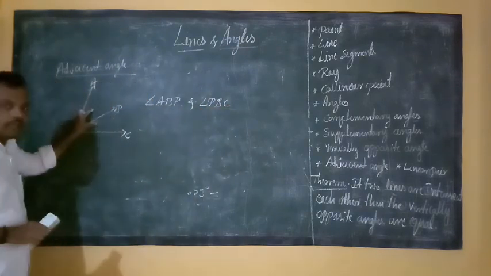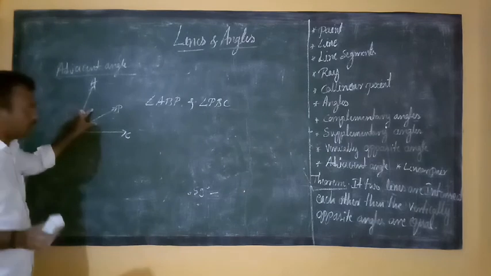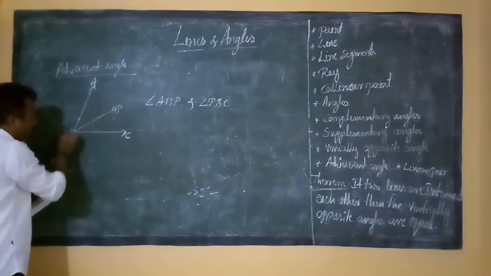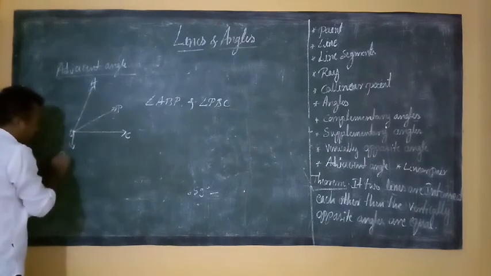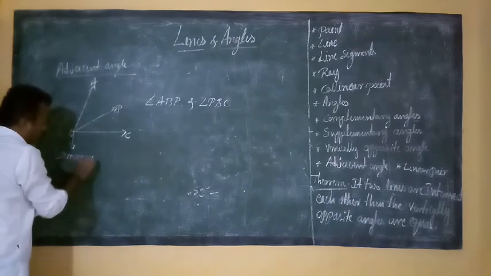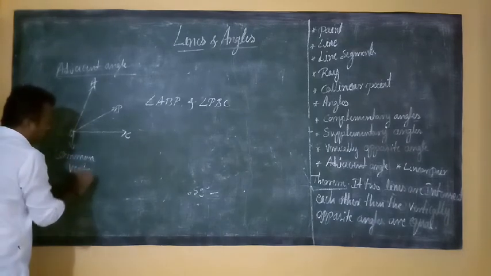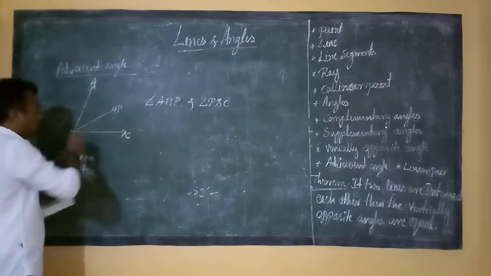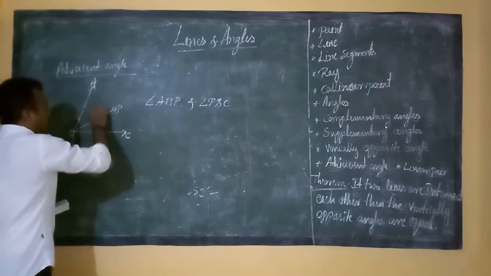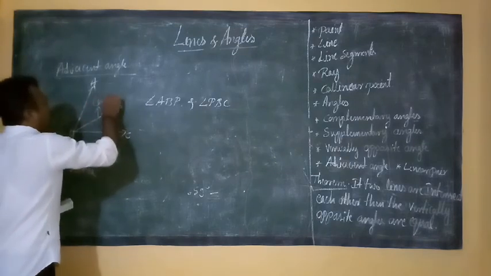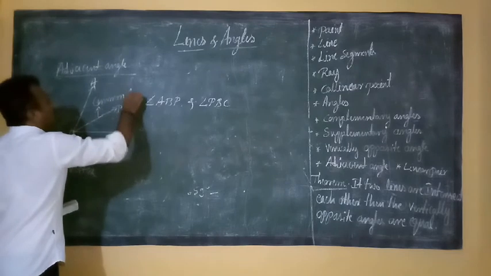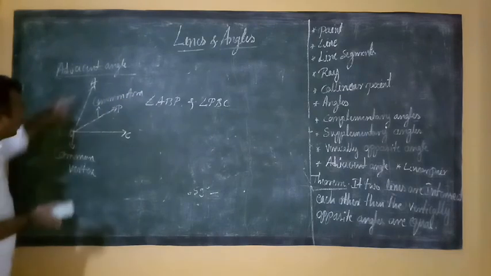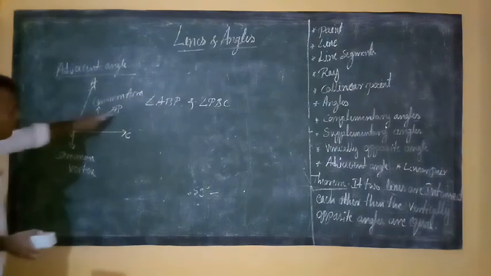These two angles have a common vertex. What is the common vertex? This is the common vertex, B. And BP is a common arm. Correct? Consider the angle ABP.